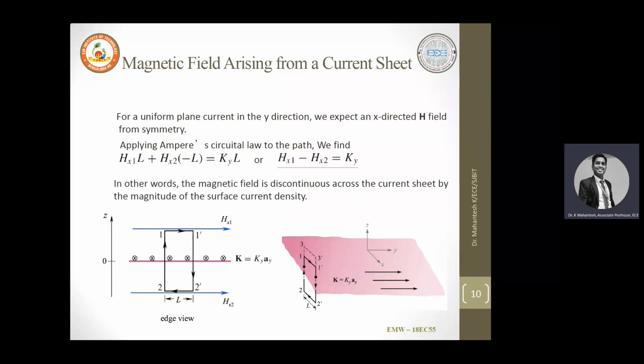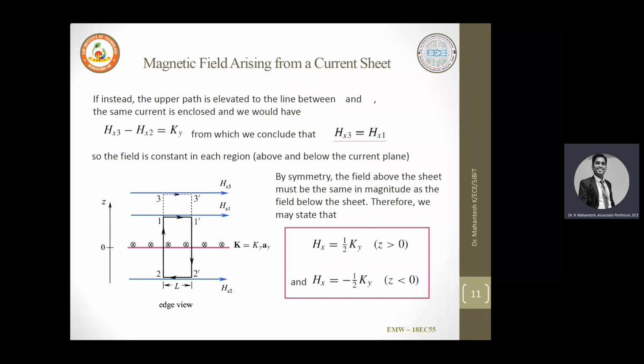Applying Ampere circuital law to the path, we obtain H x1 l plus H x2 times minus l, or H x1 minus H x2 is equal to K y. So the magnetic field arising from a current sheet is given by H is equal to half of K y when z is greater than 0, and H is equal to minus half of K y when z is less than 0.